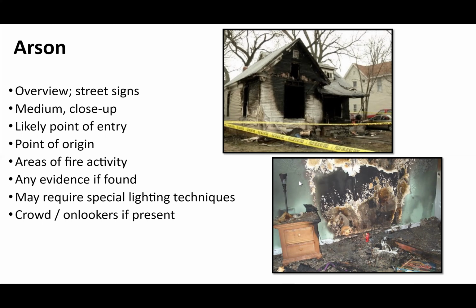The areas of fire activity, so wherever the fire actually burns stuff. Any evidence, if found, you want to take pictures of the specific evidence. It may require special lighting techniques and also include the crowd or onlookers if present. So that, from a timely standpoint, might be one of the first things you take pictures of.